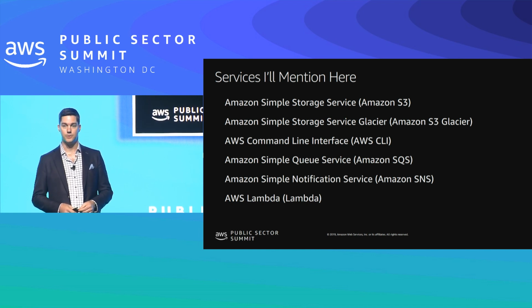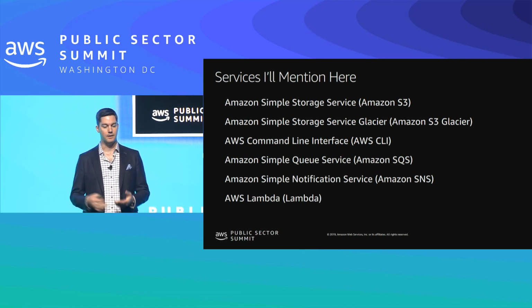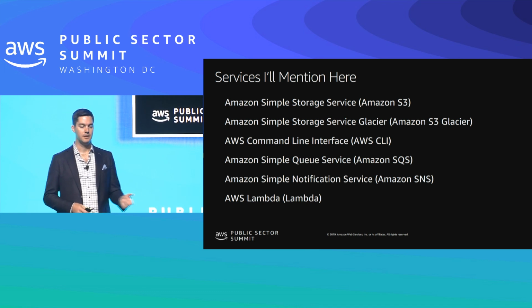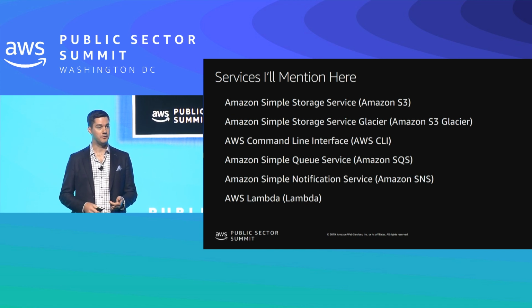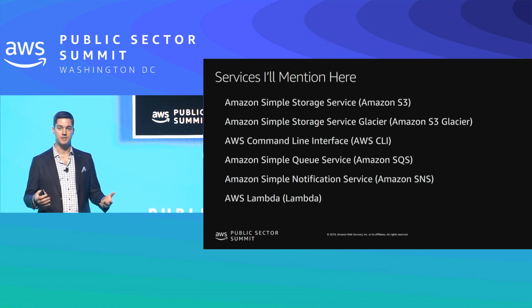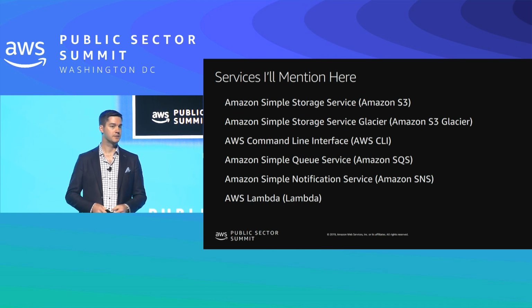Our archive storage class, Glacier, which is just about 7 years old now, and the new flavor of Glacier, so to speak, Glacier Deep Archive. We'll talk about our AWS command line interface, our simple queue service, and our simple notification service, both of which are fully managed queuing and messaging services, which can be helpful in managing an AWS workload at scale, and AWS Lambda, our serverless compute offering.